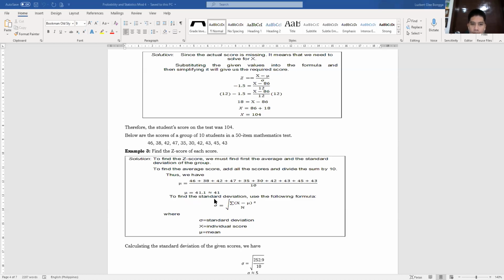So to find the standard deviation, we are going to use the following formula. So ato ang standard deviation that is equal to square root of summation of x minus mu squared divided by n. So ang ato ang buhaton tagsa-tagsaon nato. So let's say for example si 46. So ato ang mean is 41 man. So 46 minus 41 dayon.